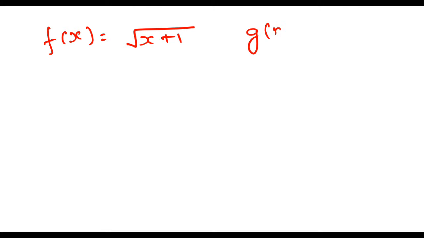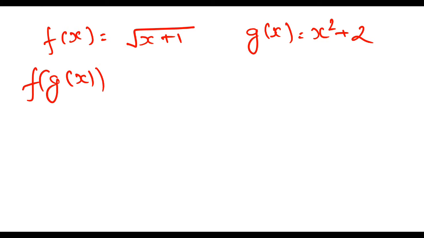Let's go for an example. f of x is equal to square root of x plus 1, and g of x is equal to, say, x square plus 2. What is f of g of x?